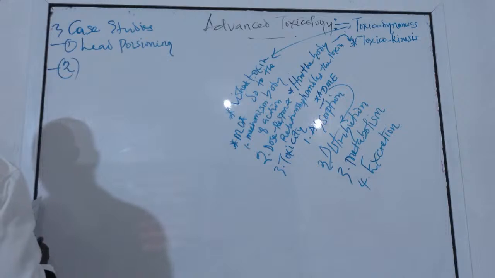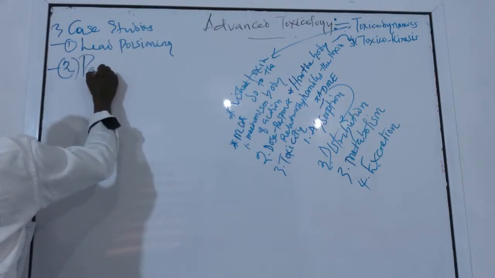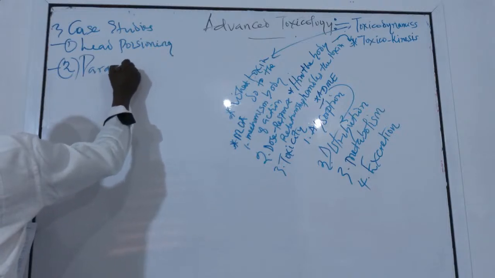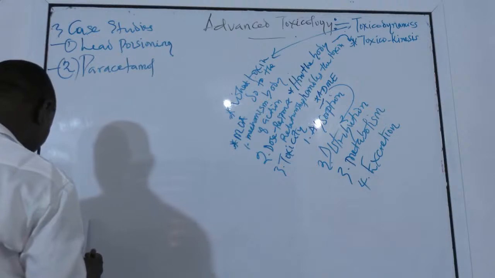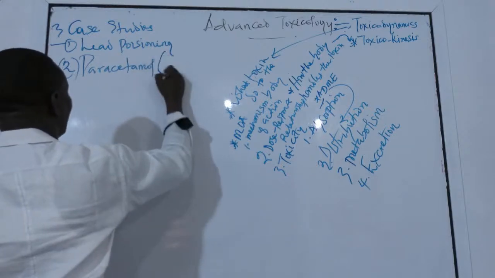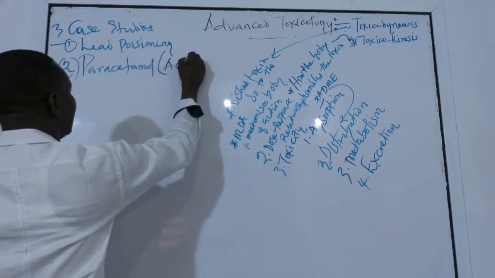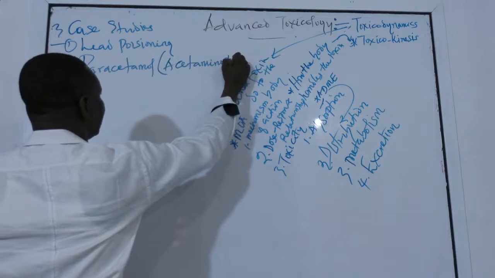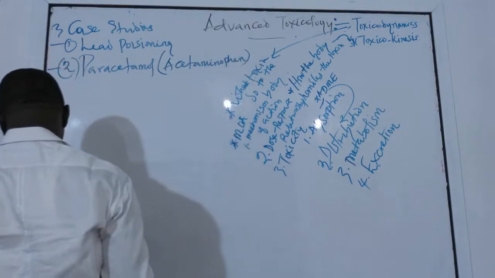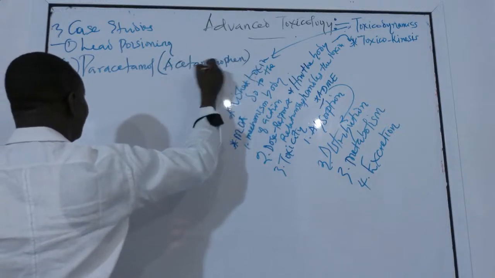So the second case study, we will look at paracetamol poisoning, or what is called overdose. The chemical name for paracetamol is acetaminophen.